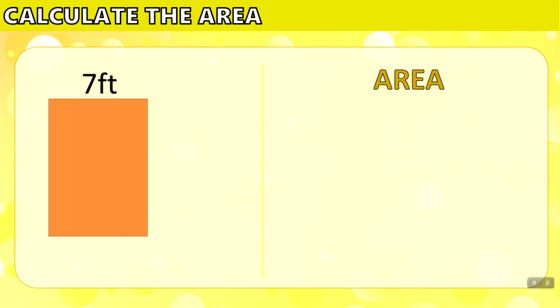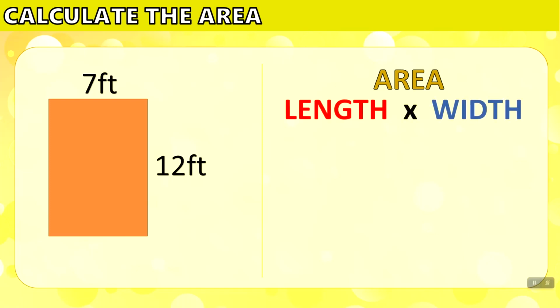So let's calculate the area of this rectangle. It has a width of 7 feet and it has a length of 12 feet. We usually denote the shorter side of a rectangle as its width and the longest side as its length. So the length in this case multiplied by the width, the length is 12 multiplied by 7.